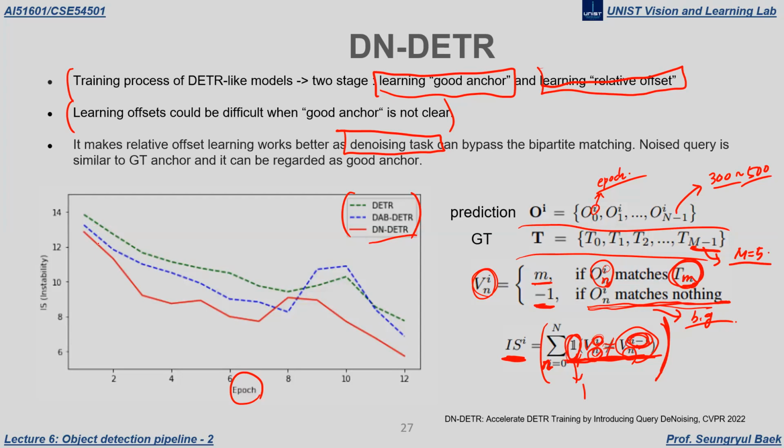In early epochs this could be large, but gradually it gets smaller. In Deformable DETR, this kind of fluctuation still occurs. In DN-DETR there is some fluctuation, but far less than the other DETRs. So they are pointing out this instability, a measure of training stability affected by the bipartite matching.